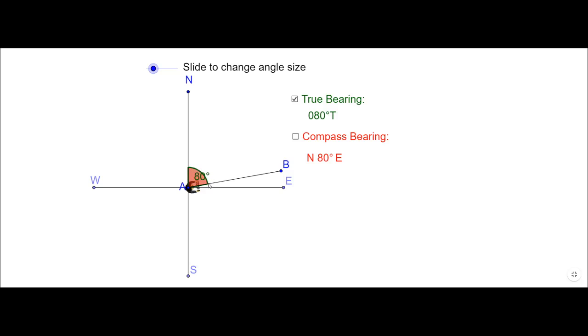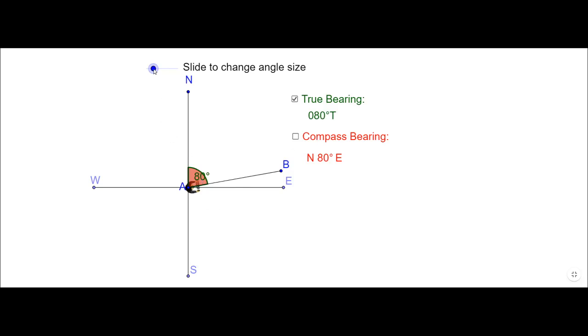You measure this 80 degrees from the north, 80 degrees east is the compass bearing. For the true bearing, you include a 0, although it is insignificant. That's why in most cases you find it written just as 80 degrees without a 0. But it's essential to make it a 3-figure bearing so that it is 080 degrees.